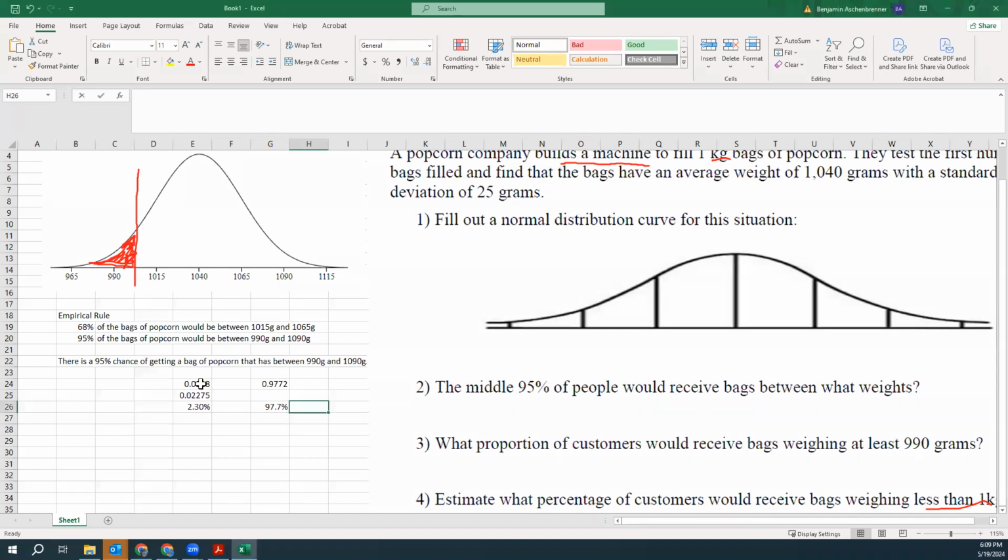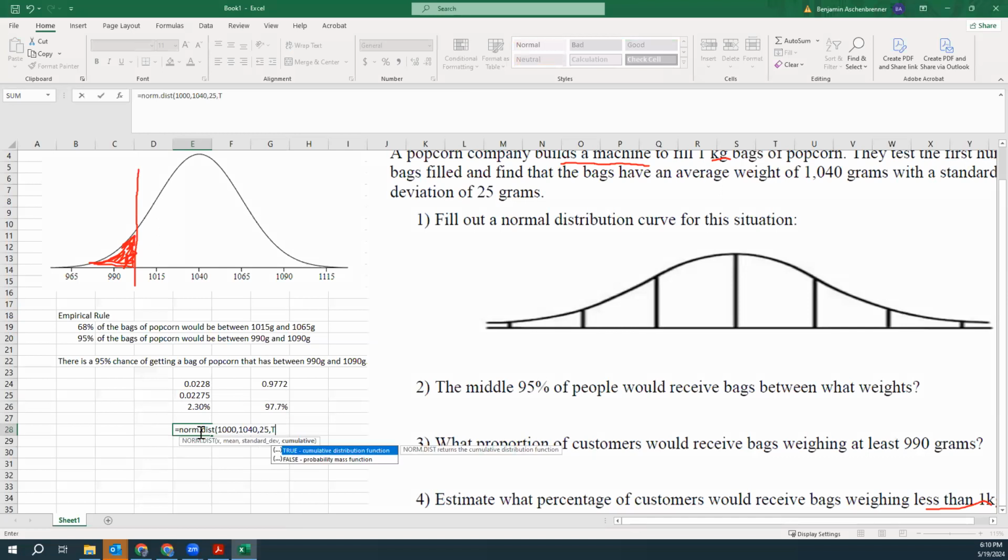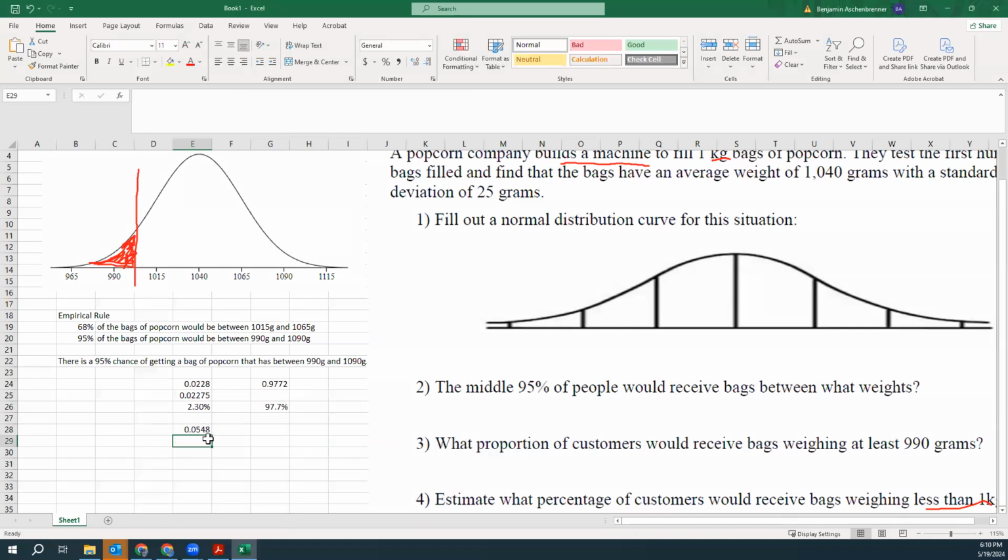So again, I can use norm.dist using the value as 1,000 because 1 kilogram is 1,000 grams, then the mean, which is 1,040, and the standard deviation, which is 25, and I want it to be cumulative. Or I can do the work first of finding the z-score.